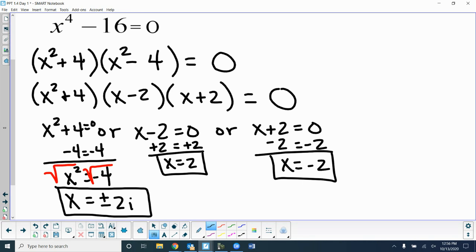Last week they were x squared to the 2nd power, so they all had 2 answers. Okay? 2 of these answers are non-real answers, and 2 are real. But there's still 4 answers. Questions on that?